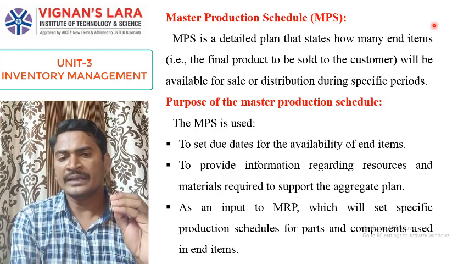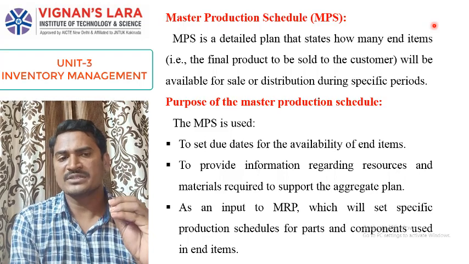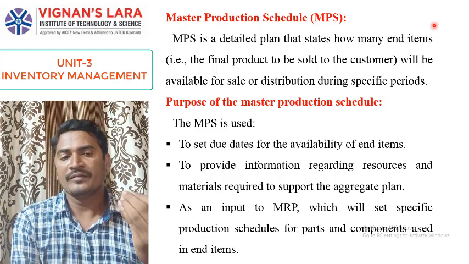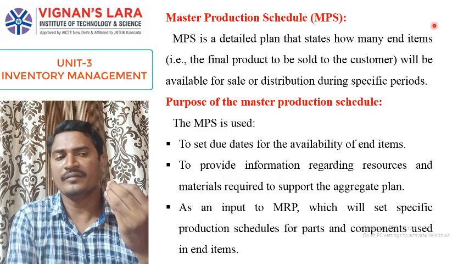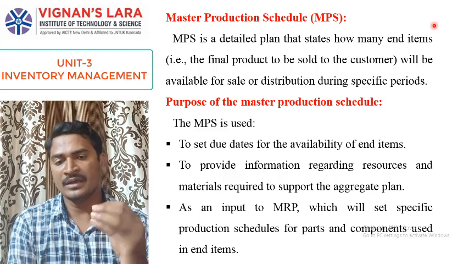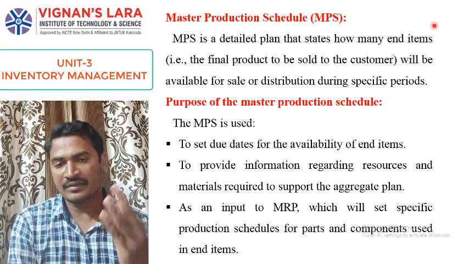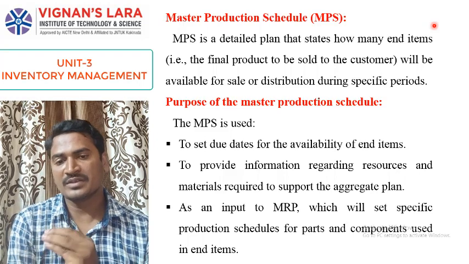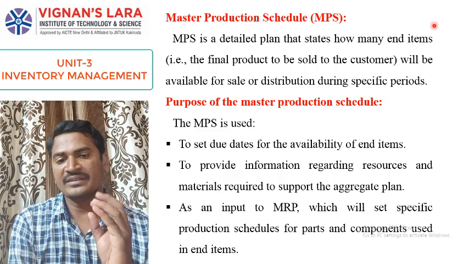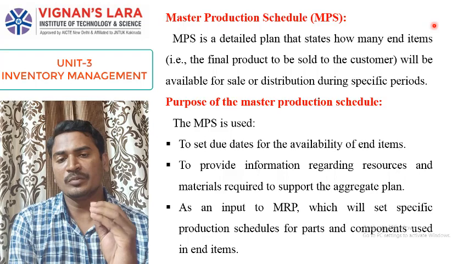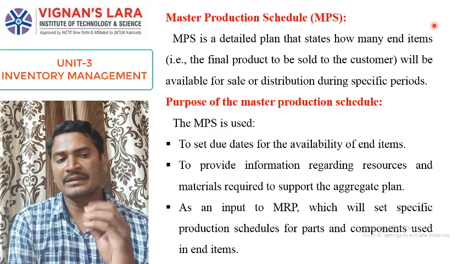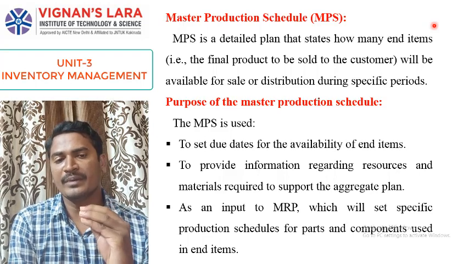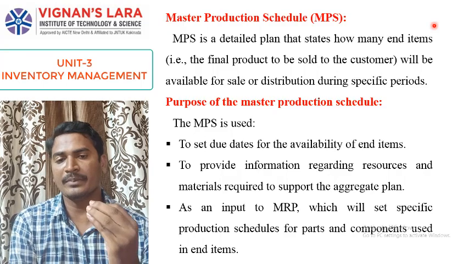Coming to the purpose of the master production schedule, here we are fixing the due dates for the availability of end items. After these days, we are going to give some X products to the market. Like that, we are preparing these due dates, and also providing information regarding the resources and materials required to support the aggregate planning.